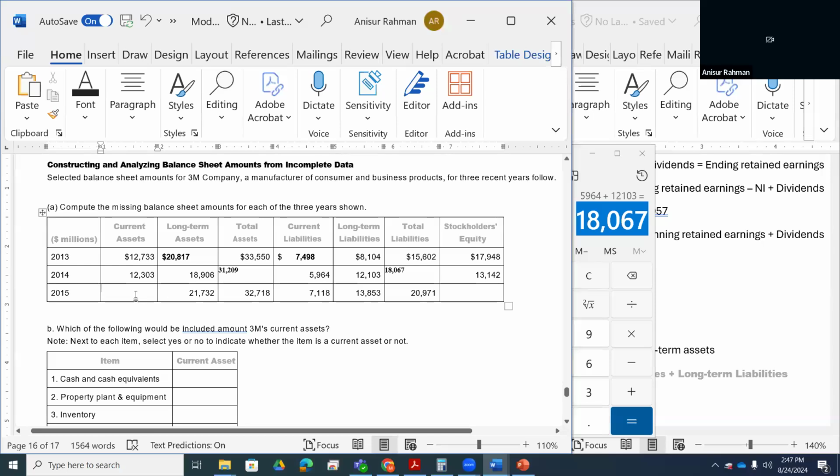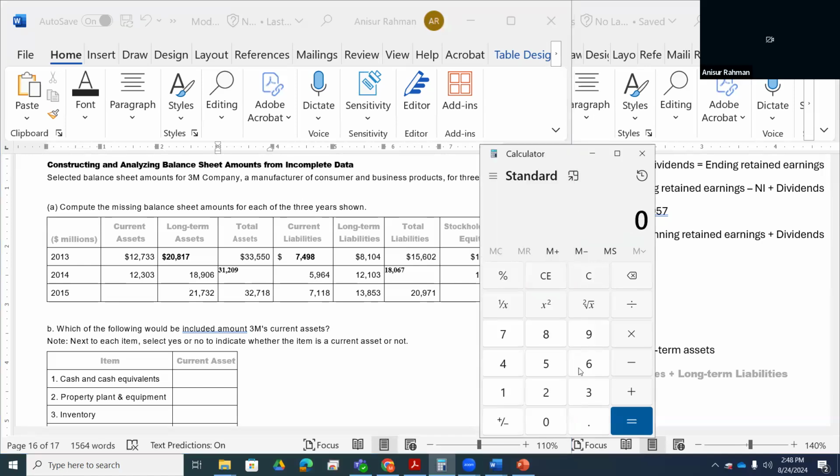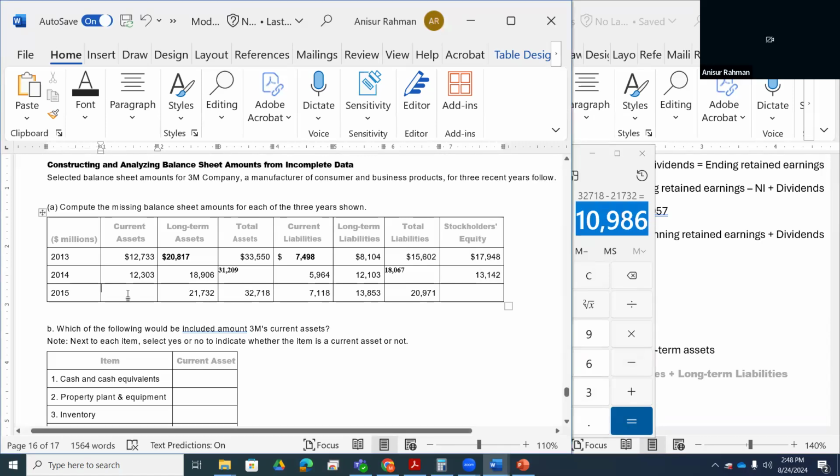Now we have to find out current assets. We need to subtract long-term assets from total assets. $10,986. That is our current assets.